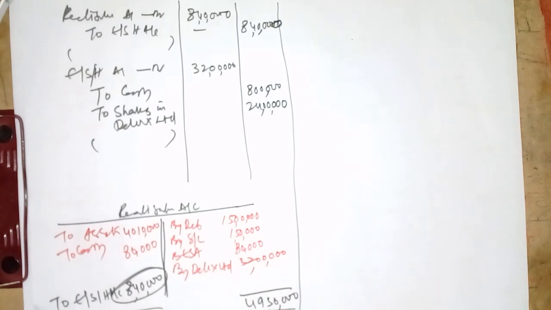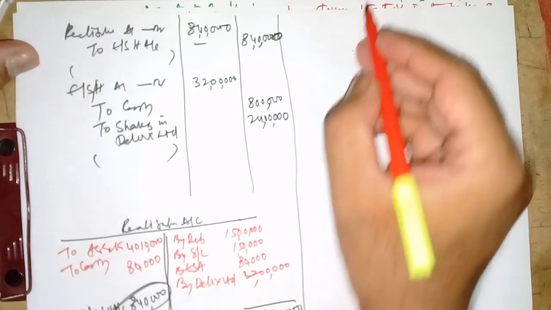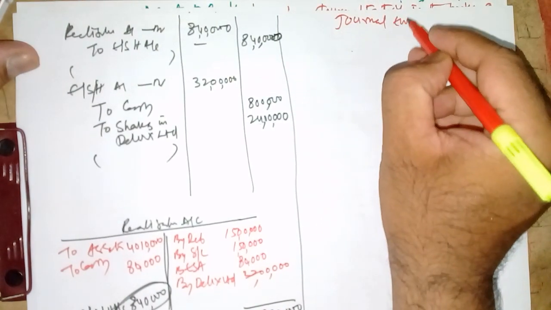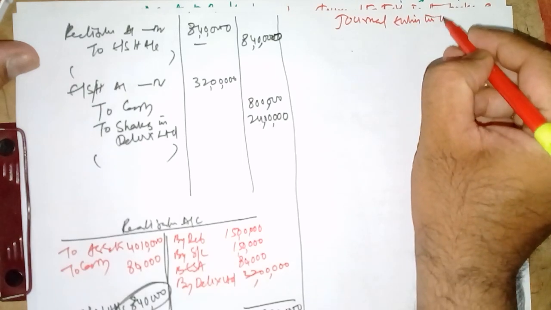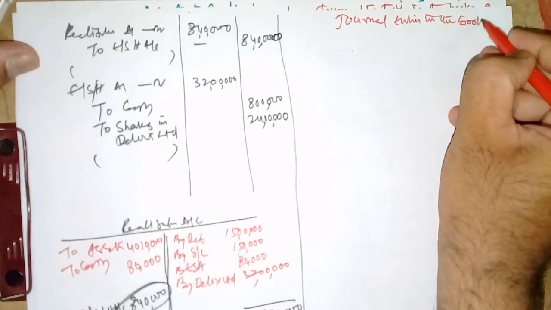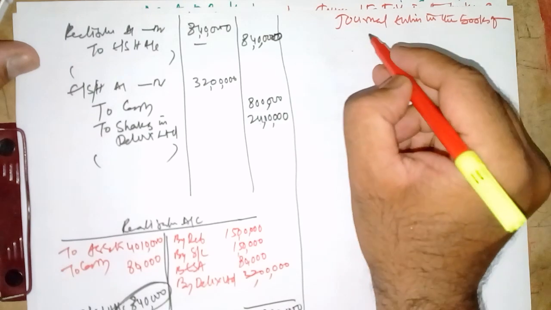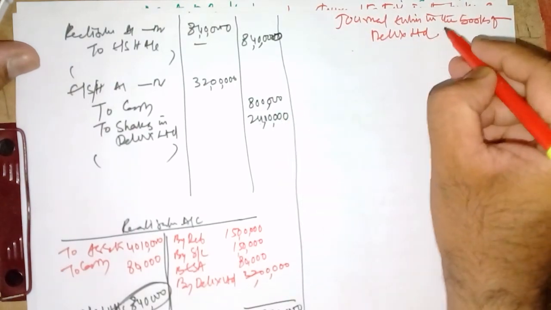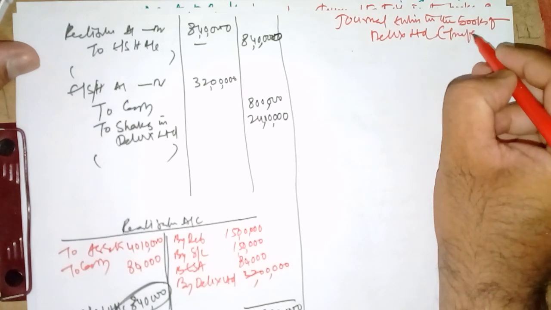Once this is done, we need to pass the journal entries in the books of the Transferee, right? So what are the journal entries in the books of Deluxe Limited, that is the Transferee?